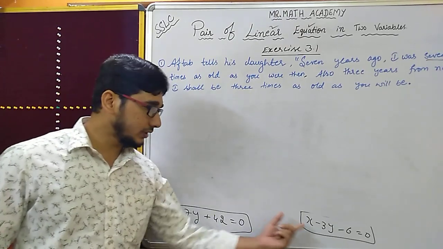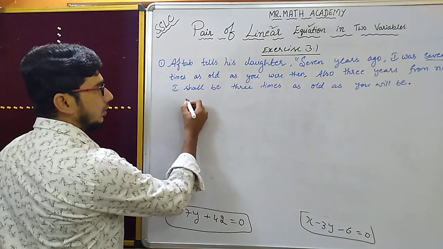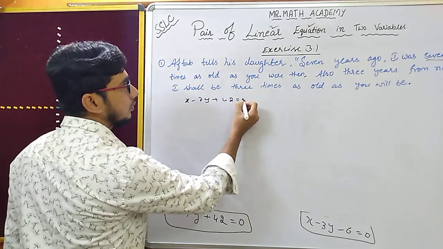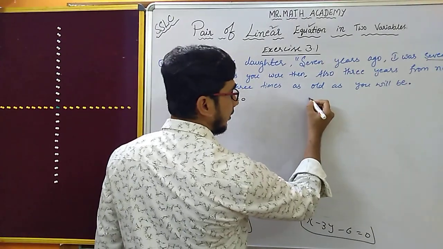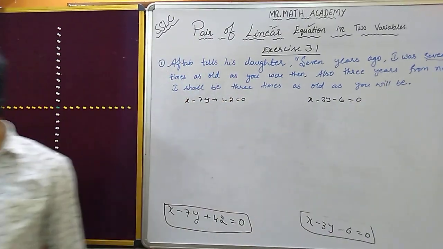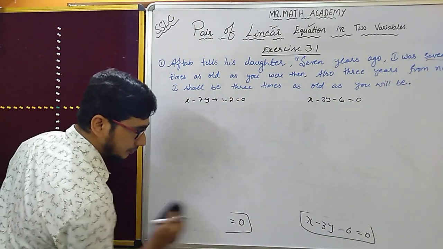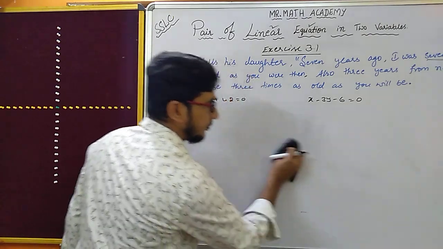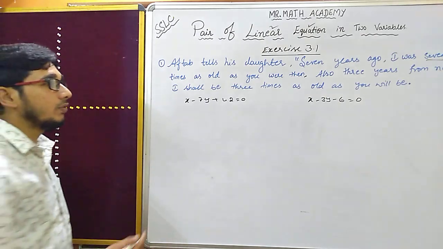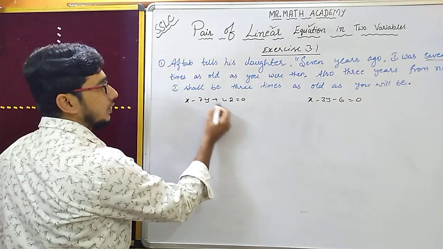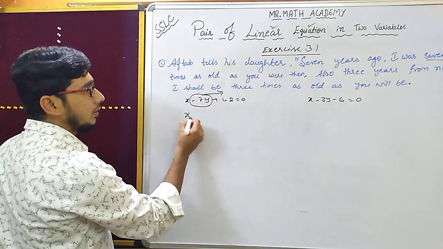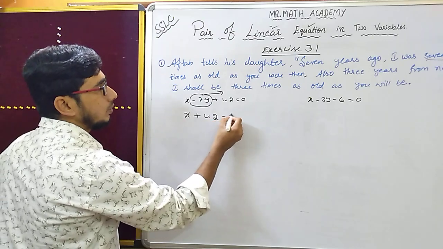Okay, students, I'll write this equation up here: x minus 7y plus 42 is equal to 0. And this equation: x minus 3y minus 6 is equal to 0. Always keep the equation in y pattern; it will be very, very helpful. So see this y term, I take it to the RHS. So it will become x plus 42 is equal to 7y.